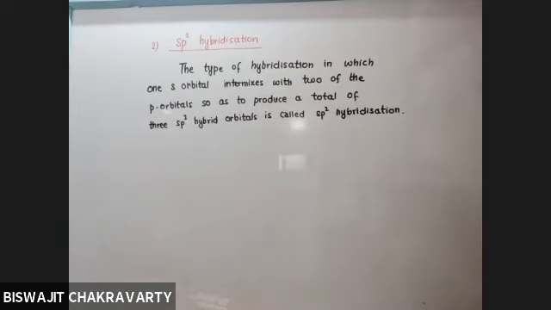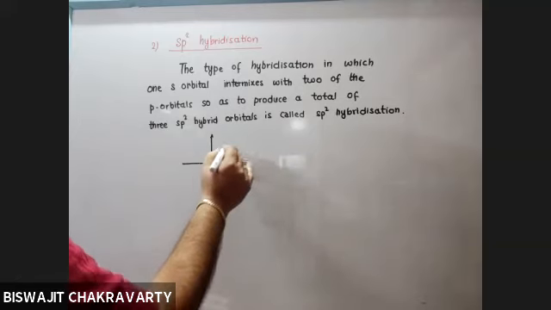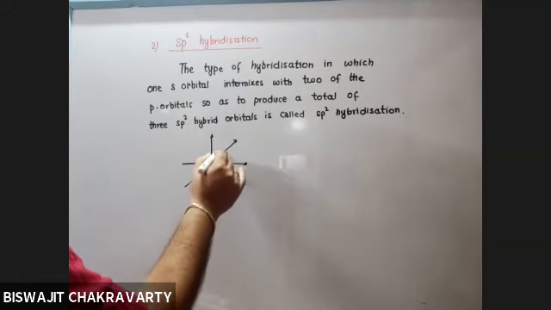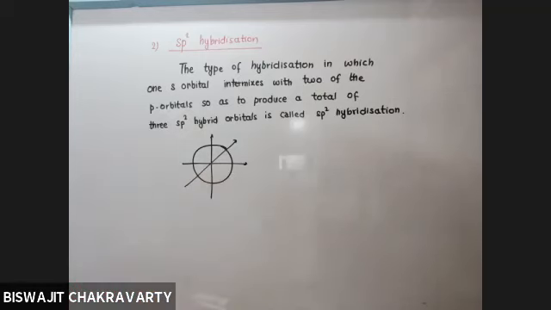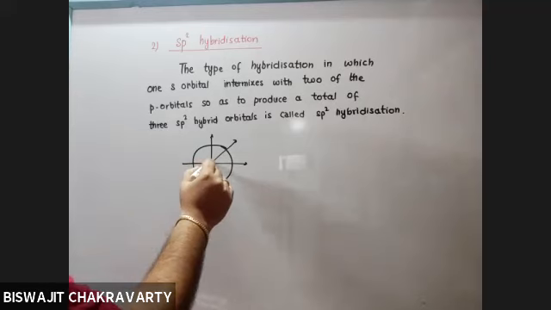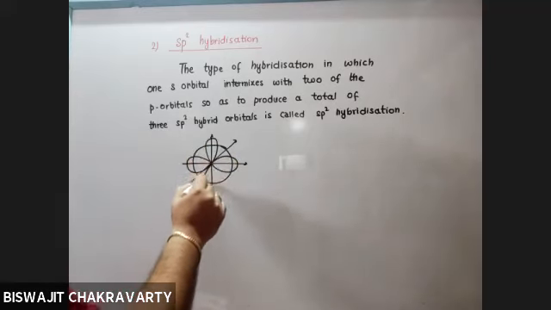And how do we show it? With the help of the orbitals. Say this is s orbital. These are the two p orbitals that are involved in hybridization.